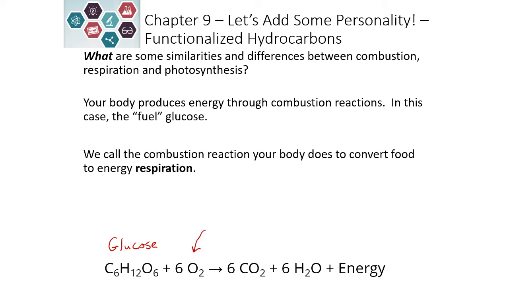So we have to put oxygen into our reaction. Okay? Because this reaction is happening in our body and there is no fire involved, we call this particular type of combustion reaction where we're converting food into energy, we call this respiration.